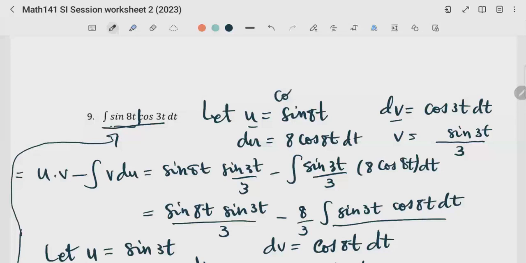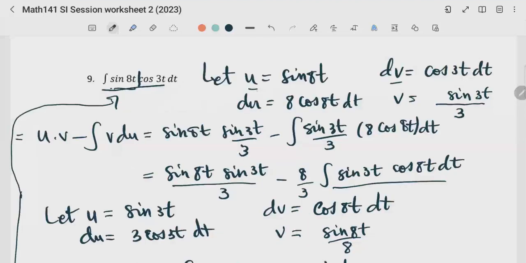You would follow the same procedure. But remember, if you use that substitution, then when you come to your second integration by parts, you'd have to use the same consistent substitution. As you can see, in the first substitution I used u to be the sine function, so the second substitution has to be the same. u has to be the sine function again, and our dv has to be the cos function.